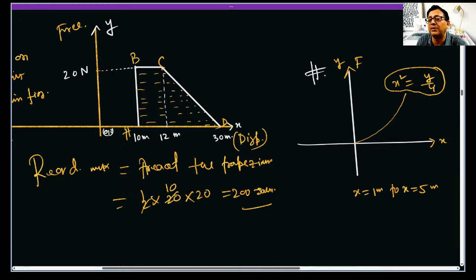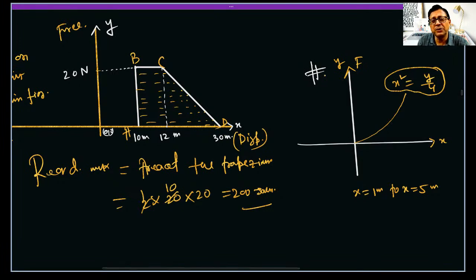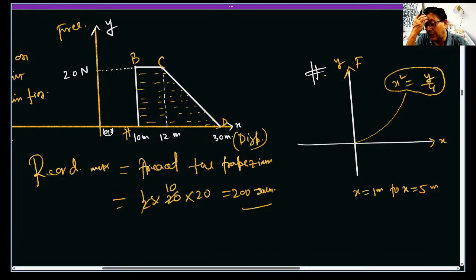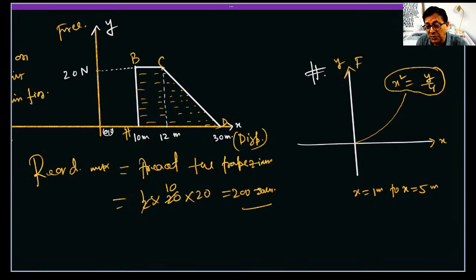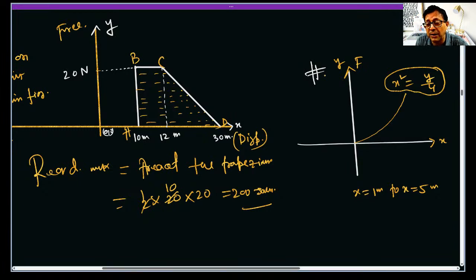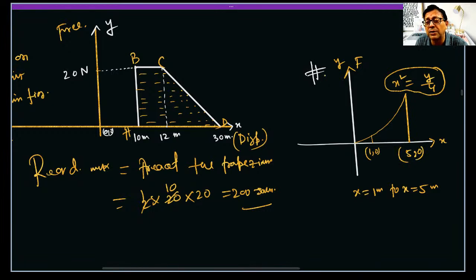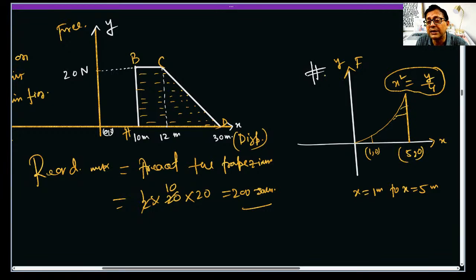You can write x square equal to F by 4. But here we know the concept that the work done is equal to the area bounded by the graph. So this is your x equal to 1, 1, 0. This one is 5, 0, and this is the case of work done.